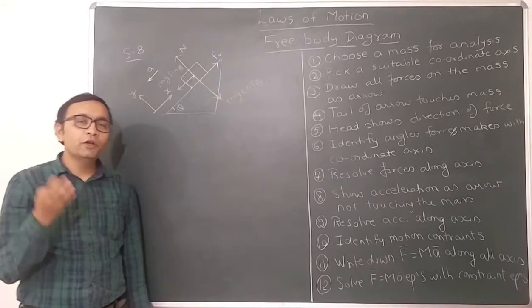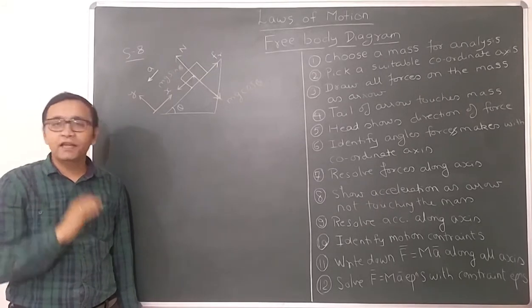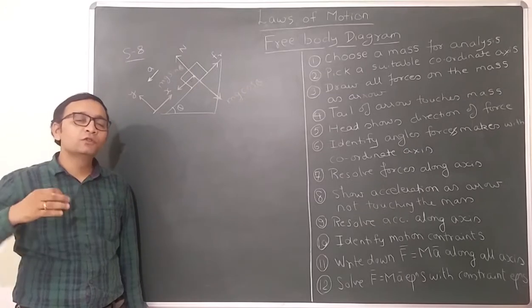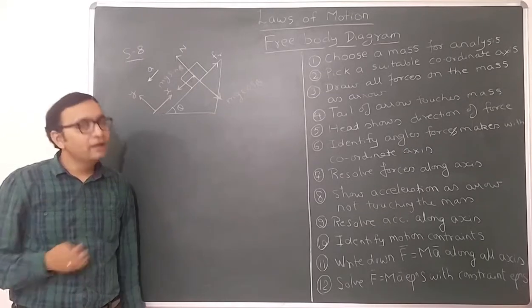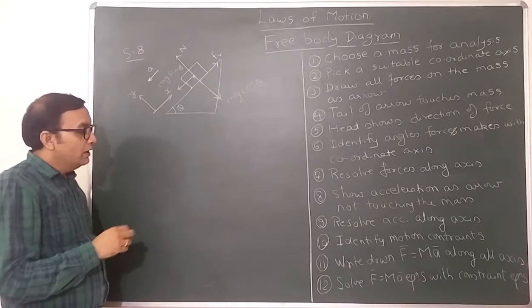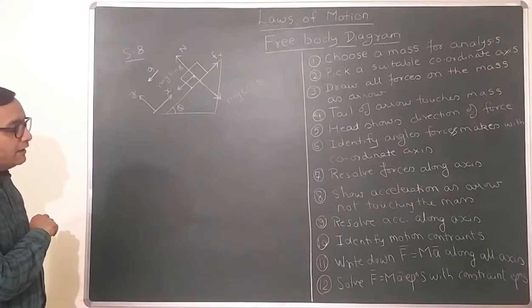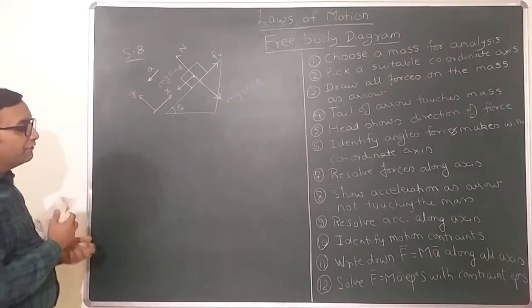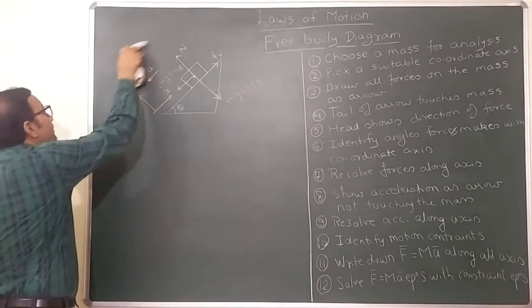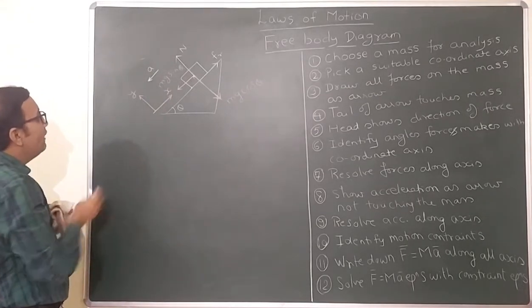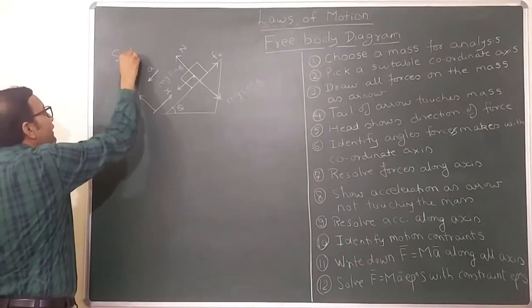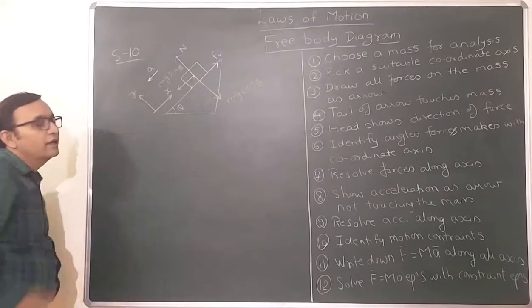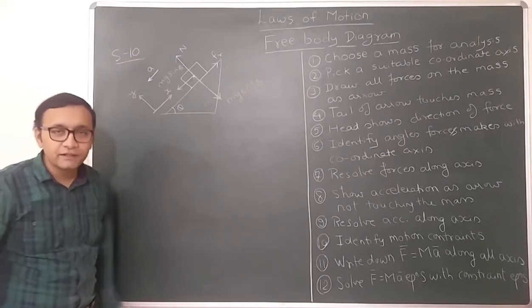Then you have to take components of acceleration as a cos theta and a sin theta. We'll deal with those kinds of situations a little bit later. Now, step number 10 says identify the motion constraints. Now, have we already identified the motion constraint or is there no motion constraint in this situation?